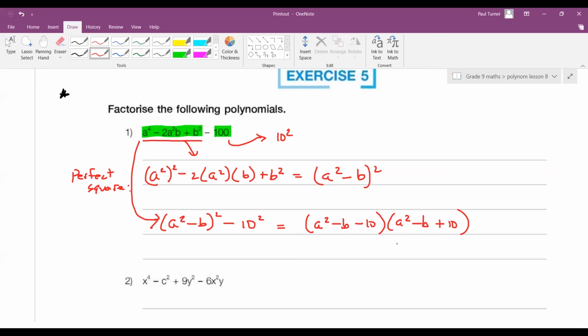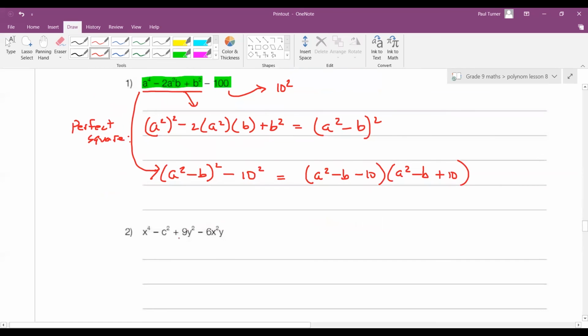Okay, and when you come to question 2, I'll leave that there a minute. But for question 2, you're going to need to put your minus c squared away over here, because you've got x, y, x, y. C is different. So move c out the way. So what I would write would be x4, I'll put the combined term in the middle like yesterday, minus 6x squared y plus 9y squared minus c squared.